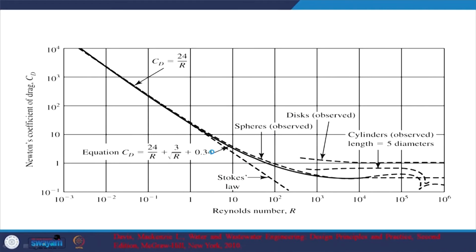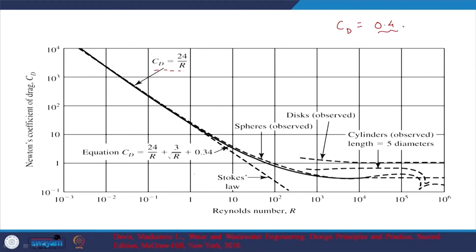Let us move on, and this is from the Davis book, and what do we have? We can calculate the coefficient of drag in terms of the Reynolds number. So, for relatively higher Reynolds number where the flow conditions are turbulent, I believe the coefficient of drag will be something like 0.4 if I am not wrong, we can check this later.